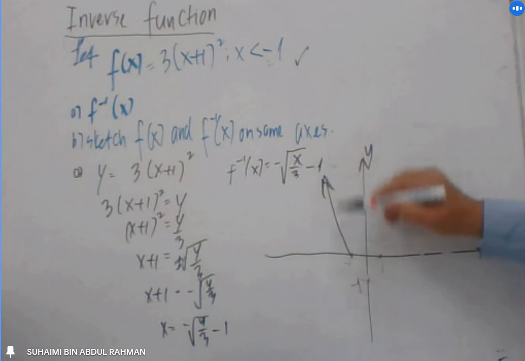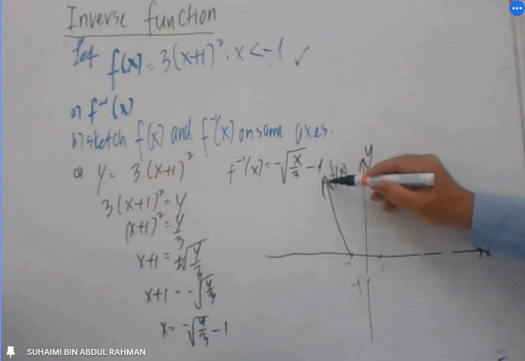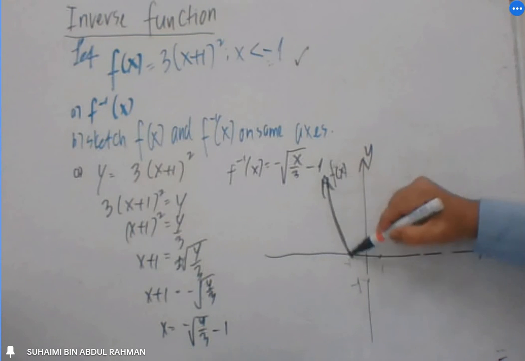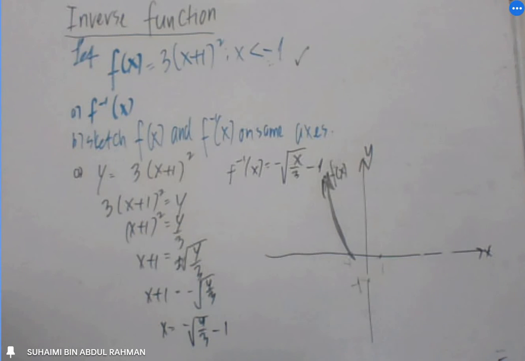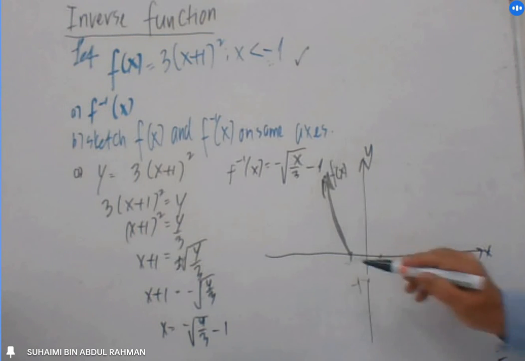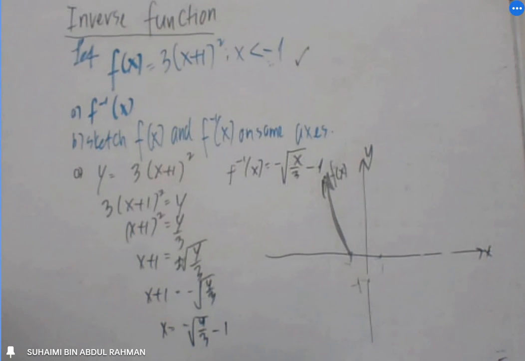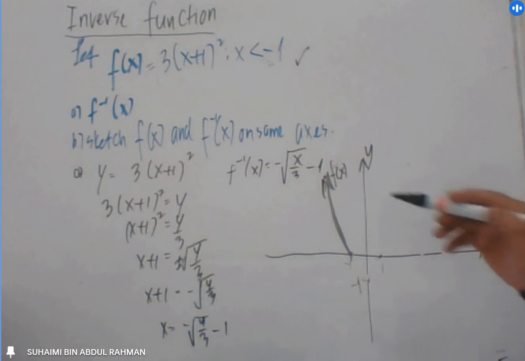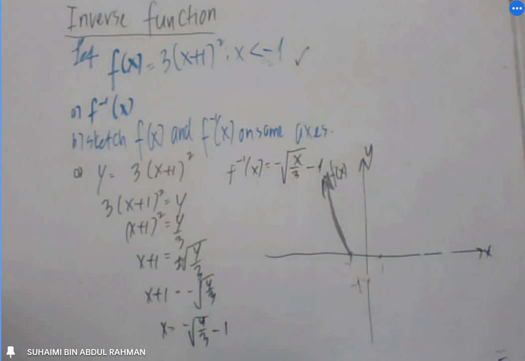So only this is the graph of the function f(x). It starts with minus 1. And this is the graph of the inverse function.